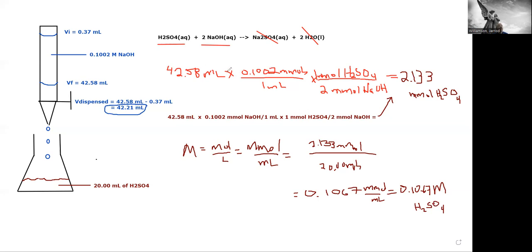The mole ratio here is 2 moles of this for 1 mole of that, or 2 millimoles for 1 millimole. That gives me 2.133 millimoles of sulfuric acid. To get the original concentration, I take the millimoles divided by the original volume in milliliters, and I get 0.1067 millimoles per milliliter, which is the same thing as 0.1067 moles per liter, or 0.1067 molarity.